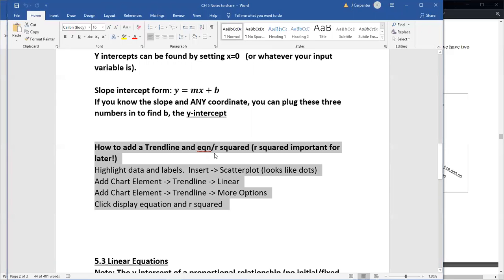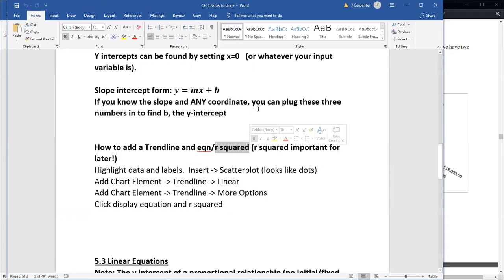But this R squared value, we're going to talk about in chapter 8, which is not that far off. Chapter 6, we're going to be able to knock out in 1 week. And then chapter 8, we'll actually be able to knock out in 1 day if all goes as planned. Chapter 8 is really short. It's only 2 sections. Chapter 6 is 2 sections. Chapter 8 is 2 very short sections, in fact.